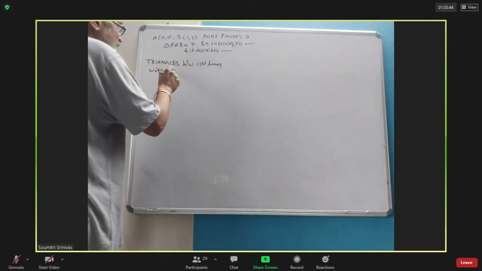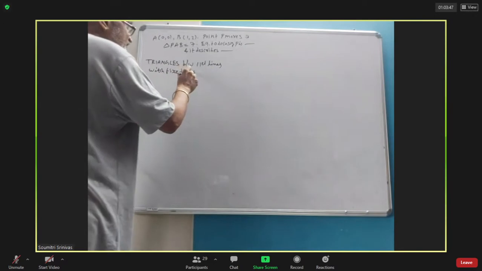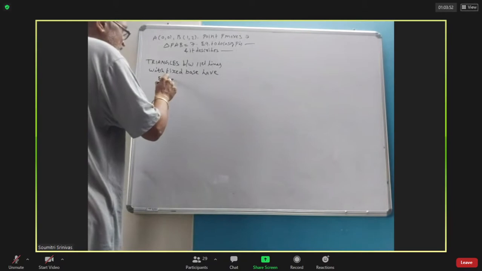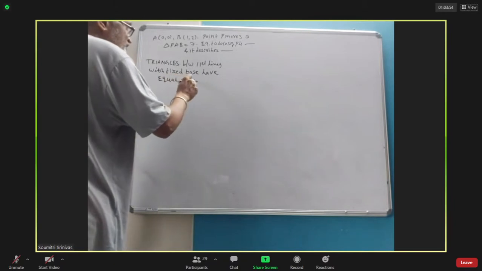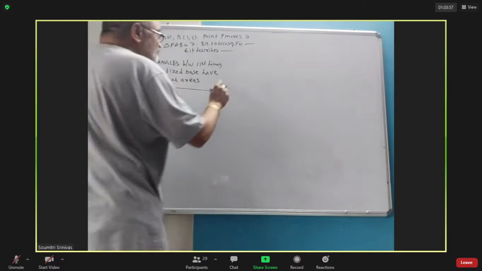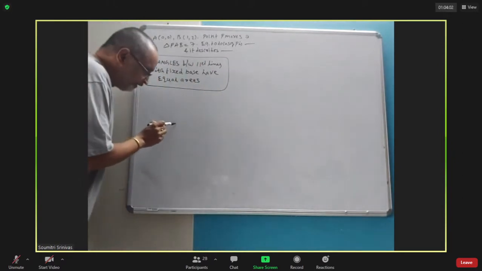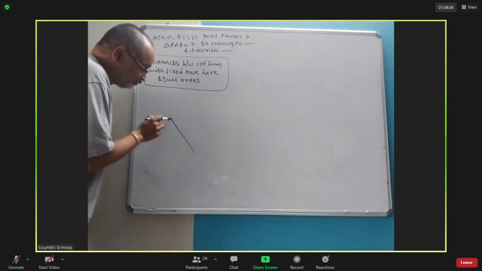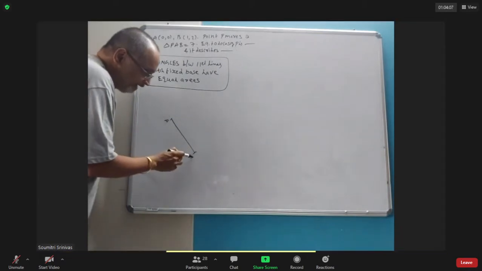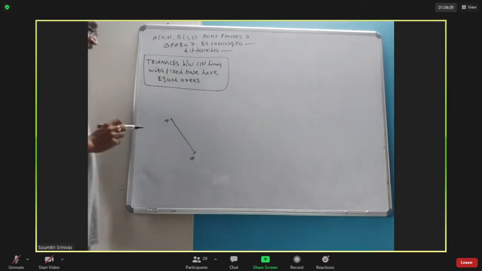Triangles between parallel lines with a fixed base have, what do they have? Equal area. This is the idea used. If you haven't read it in school, go to your school and bring your maths teacher a garland of flowers and a box of sweets.